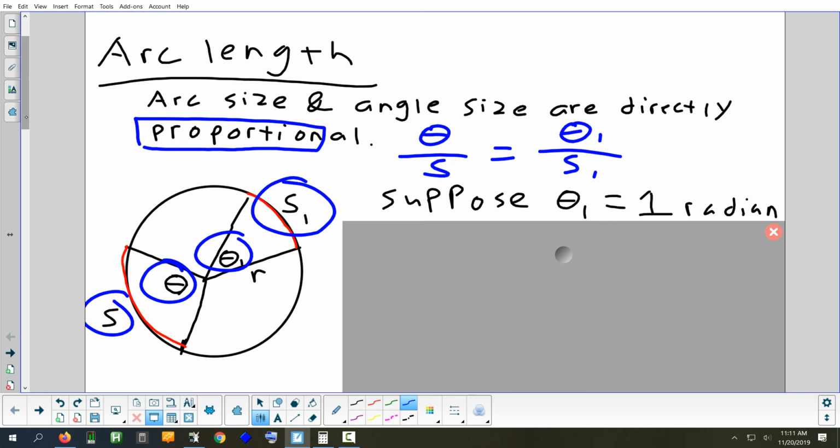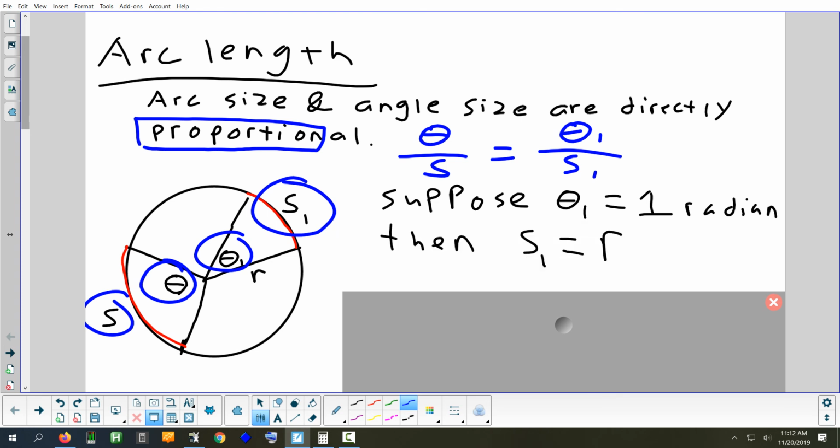Suppose theta 1 is 1 radian. Does anybody remember how the size of the arc and the radius are connected if you have an angle that's 1 radian? They're the same, right? So if you suppose that your angle is 1 radian, it automatically tells you the length of your arc.